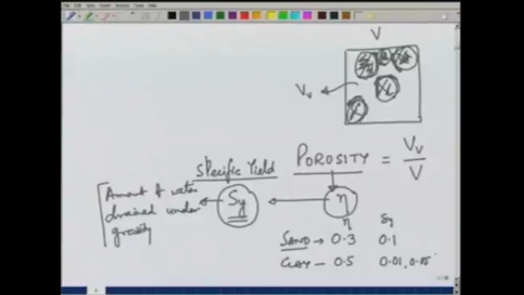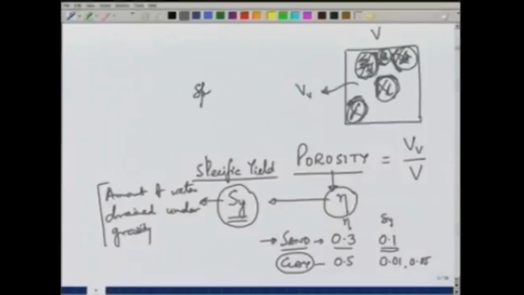So, we can see that a clay formation, although it can store a lot of water, the amount of available water to us will be small, and therefore, we would prefer to have a sandy formation in which there is storage also and it can yield a sufficient quantity of water also. So, a formation which stores water may not be able to yield water.